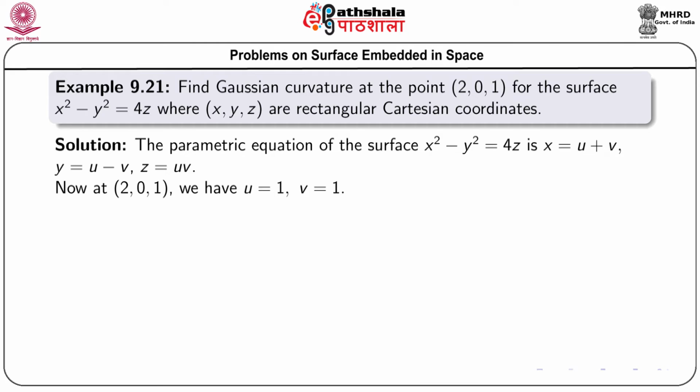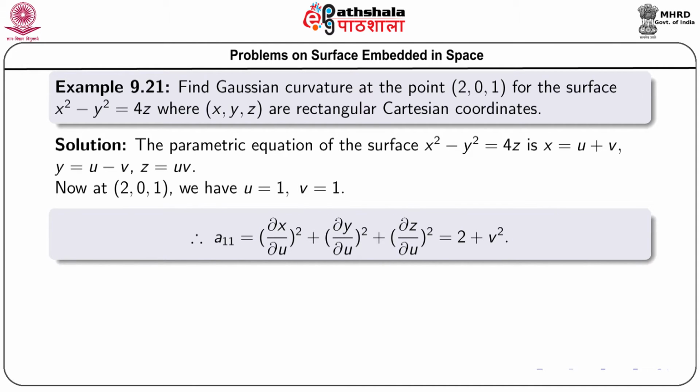So, for curvilinear coordinates, we have u equals 1, v equals 1. So, the coefficients of the first fundamental form we can find this way: a11 equals (del x del u) square plus (del y del u) square plus (del z del u) square, and if we calculate these things, we get 2 plus v square.